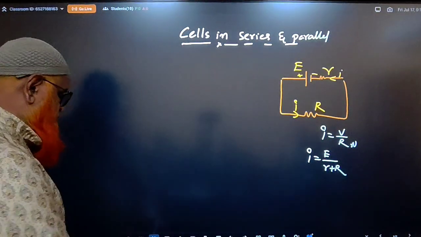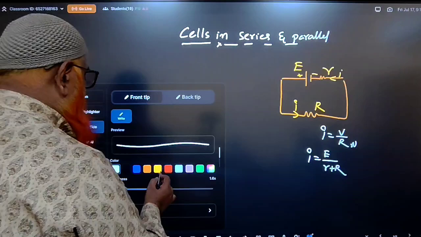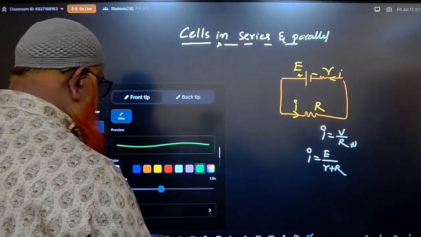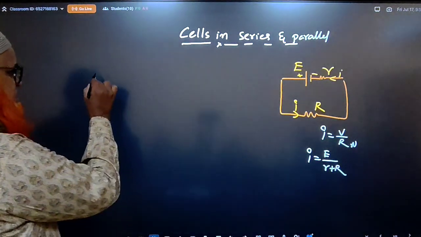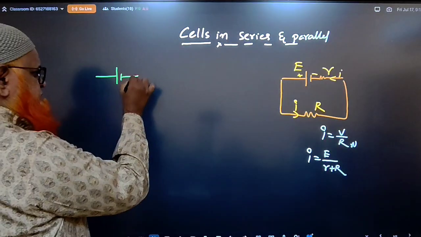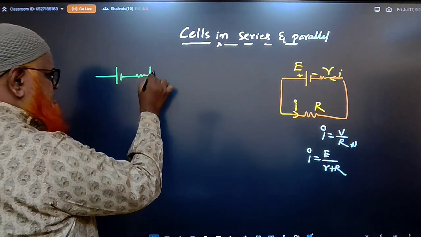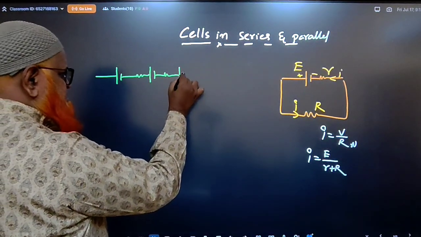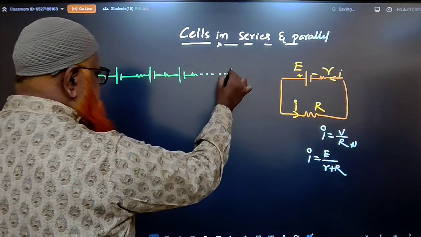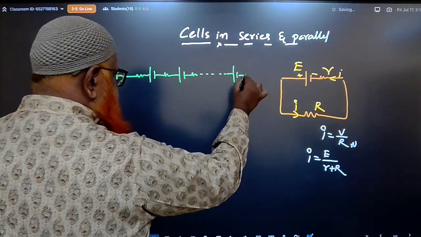Now just see, try to understand what is going to happen when you take a series of cells. This is one cell having internal resistance, another cell having internal resistance, another cell having internal resistance, and like this.